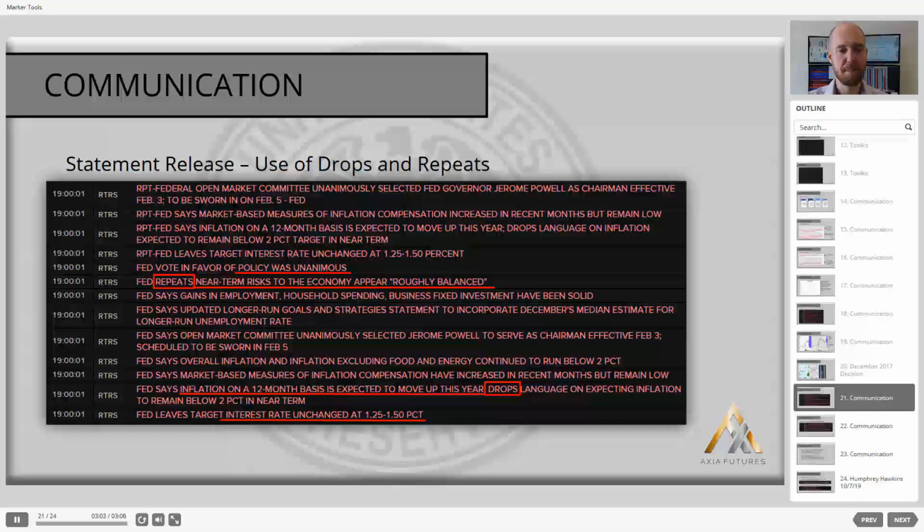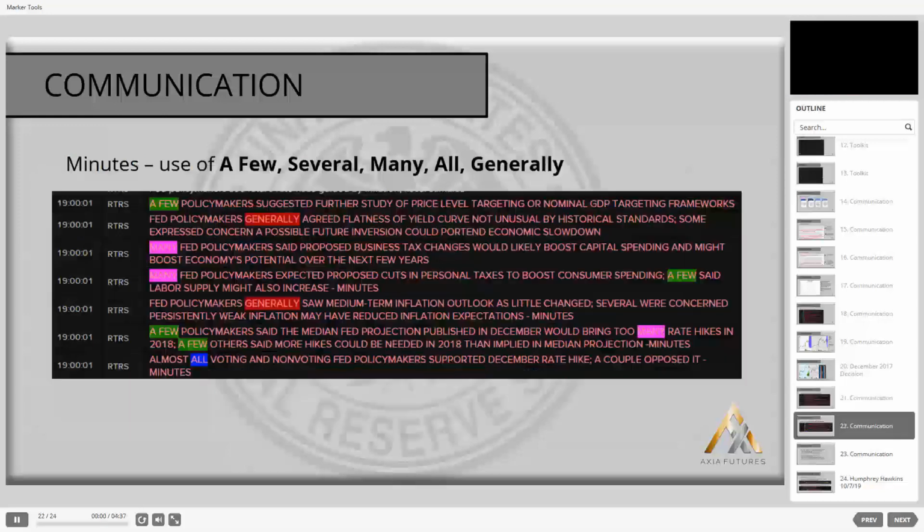The final communication the Fed has after any decision comes 3 weeks later in the form of minutes. So you get the minutes describing the discussion that happened at the meeting prior. Now, what you're looking out for here is the words used to describe how members viewed certain subjects.